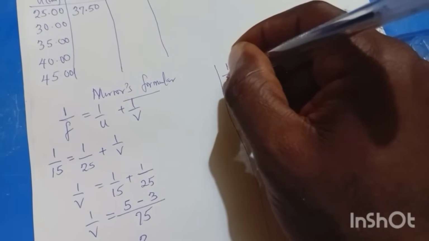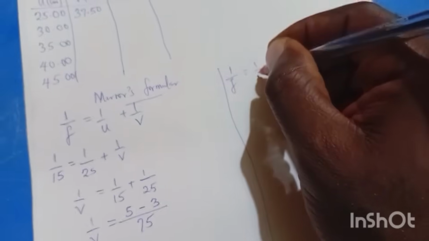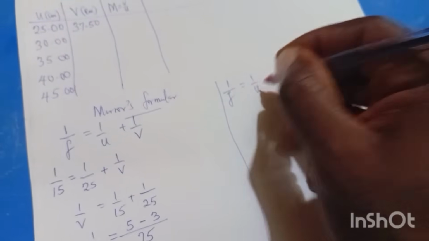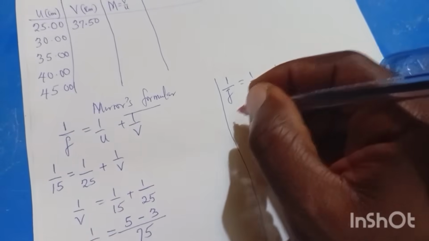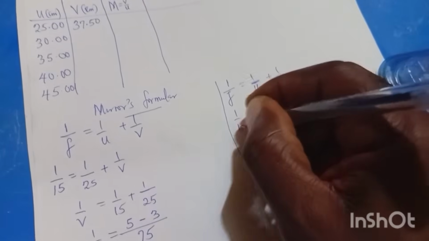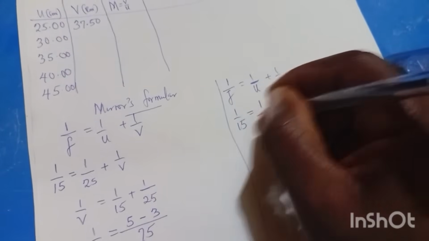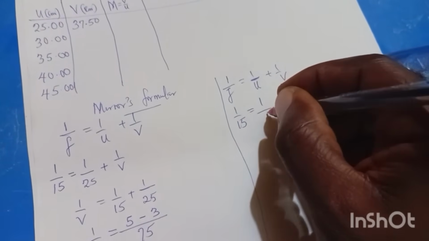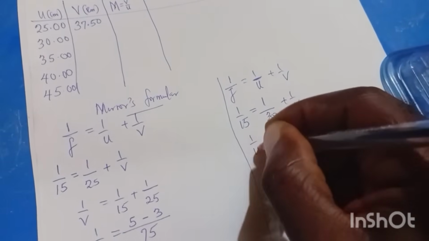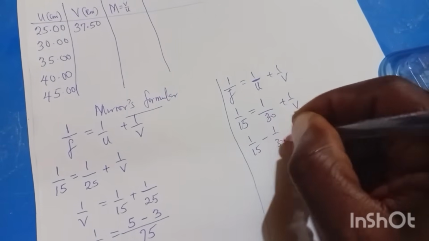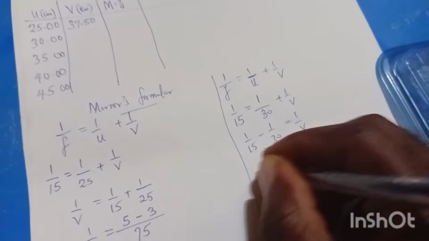So I have 1 over f equals 1 over u plus 1 over v. 1 over 15 equals 1 over my u, which is 30, plus 1 over v. So 1 over 15 minus 1 over 30 equals 1 over v.